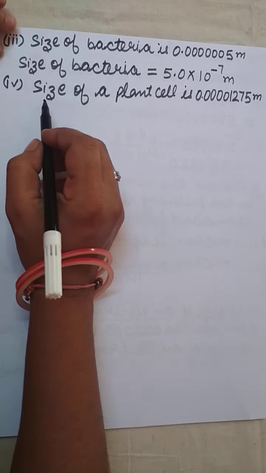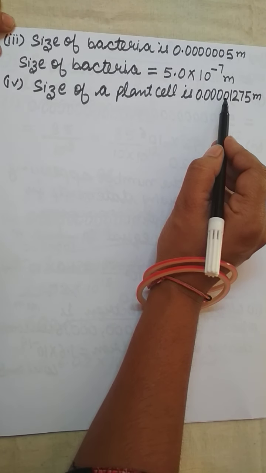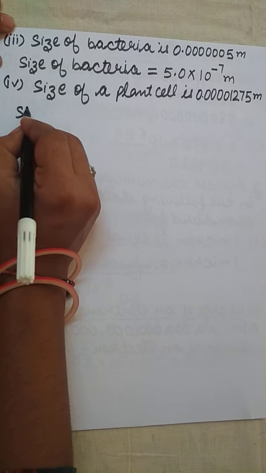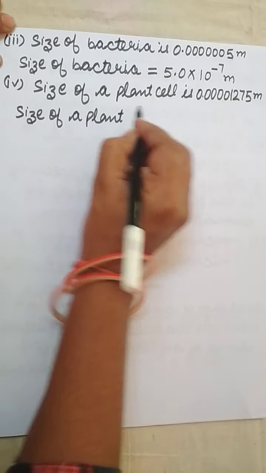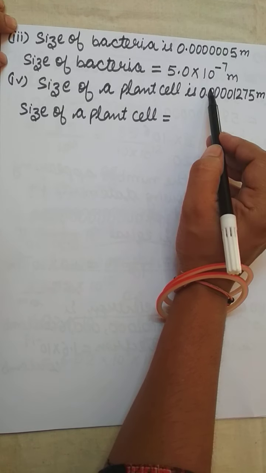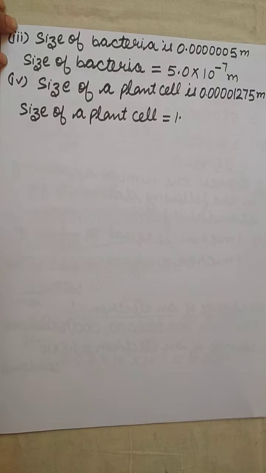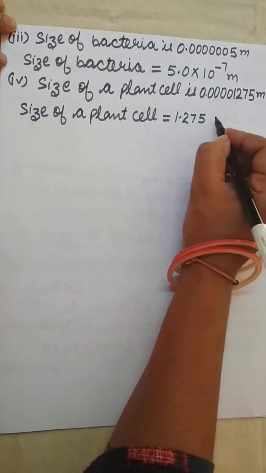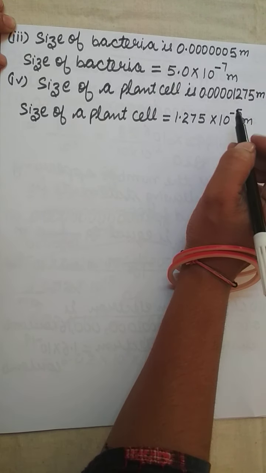Next part is size of a plant cell is 0.00001275 meter. So we can write it as size of a plant cell is equal to, now again we have to shift this decimal up to 1, 2, 3, 4, 5 digits. So I will write it as 1.275 into 10 raised to power minus 5 meter, which is the required answer.